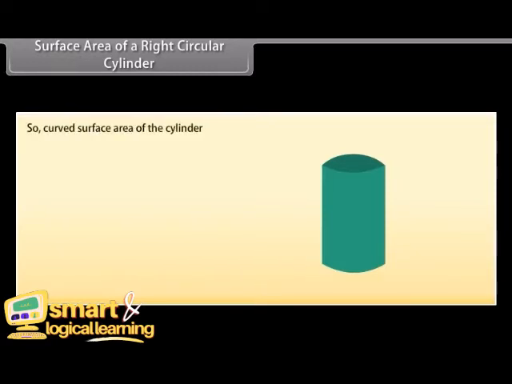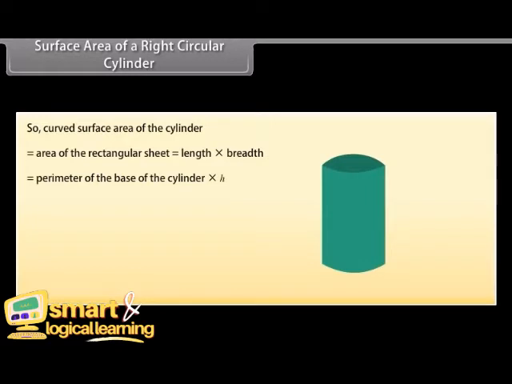So, curved surface area of the cylinder is equal to area of the rectangular sheet, which equals length into breadth, which is equal to perimeter of the base of the cylinder into h, which equals 2πr into h. Therefore, curved surface area of a cylinder is equal to 2πrh.